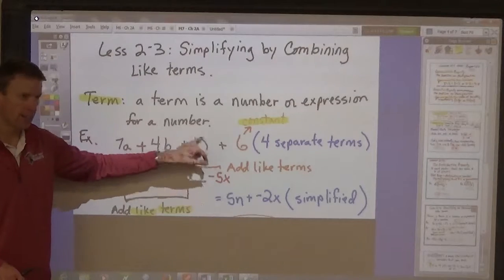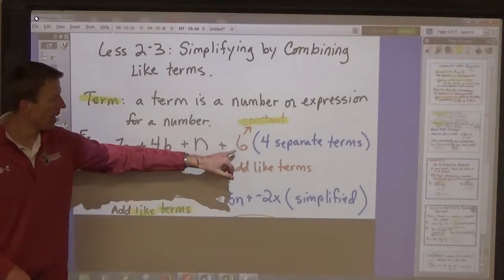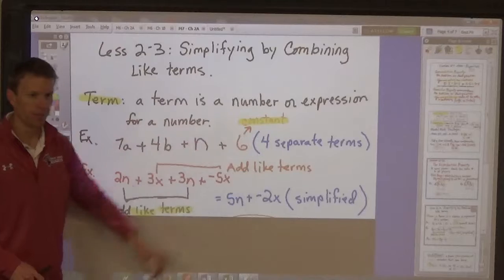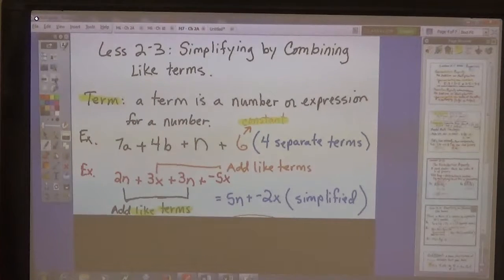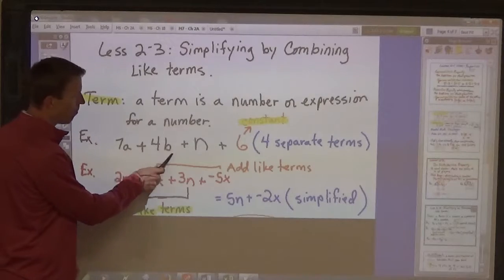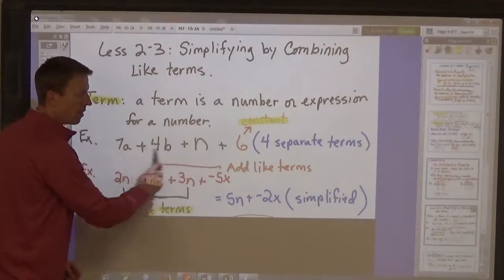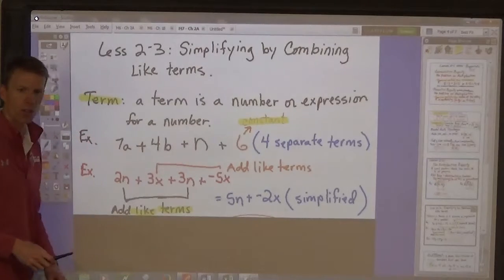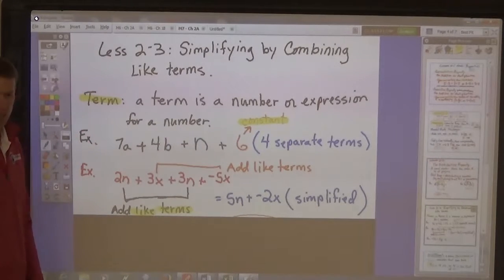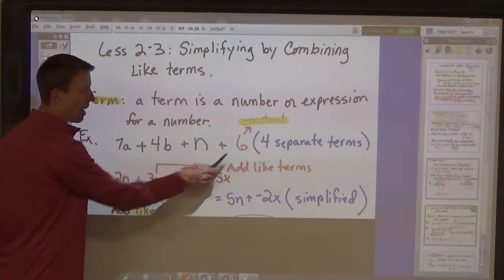Just 1n is a term, and the number 6 is a term. So if you were to see 7a plus 4b plus n plus 6 written out as an expression, this expression contains 4 terms. Each of these are separate and they're being added together.